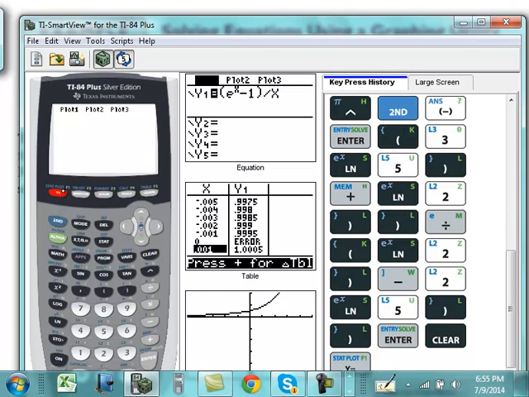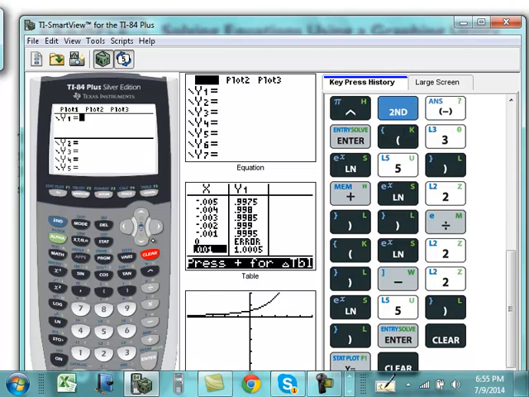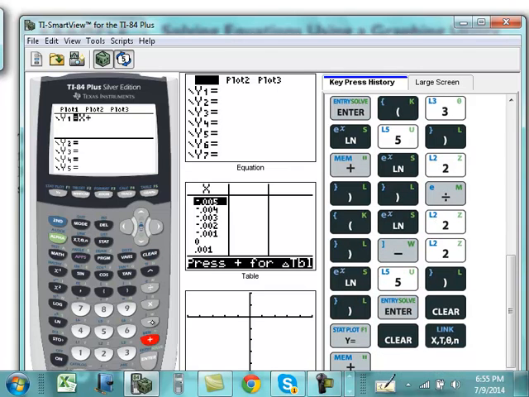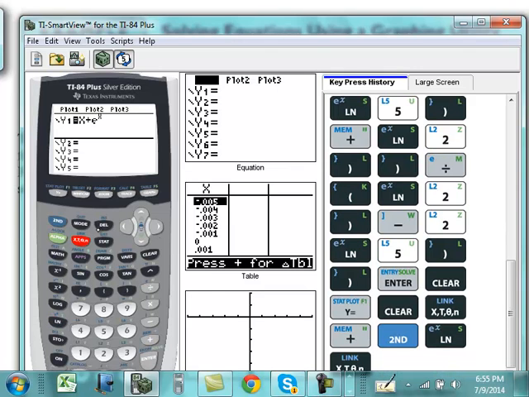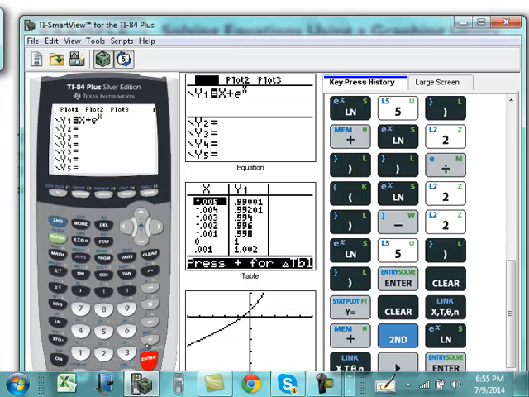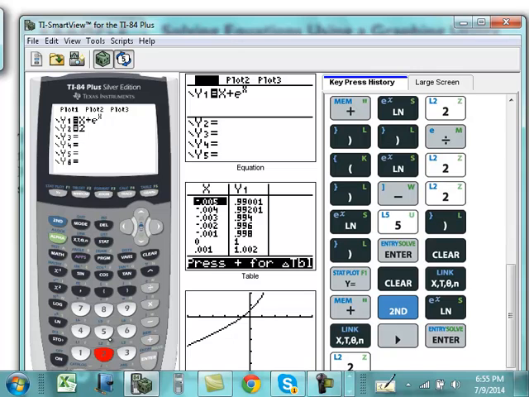Okay, so there's my equation editor. I'm going to put in x plus e to the x as one function. And then I'm going to plug in 2 for my second function.